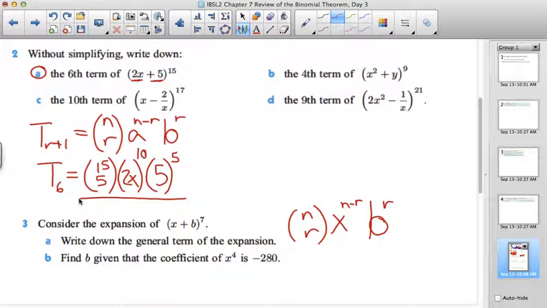As one other example, let's go ahead and look at letter D. We want the ninth term of 2x squared minus 1 over x to the 21st power. So t sub 9 is going to be 21 choose 8.